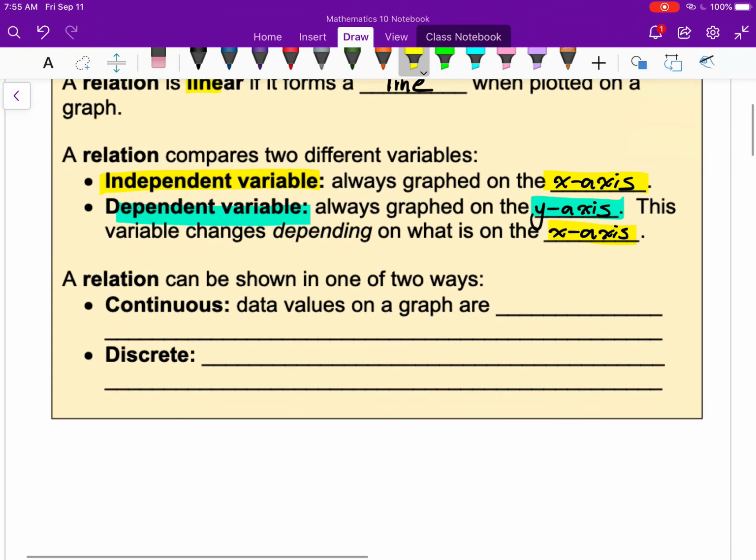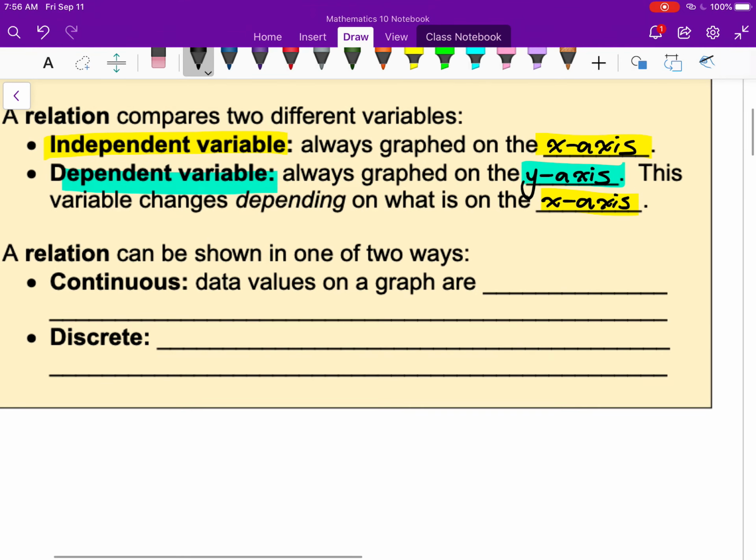All right, as well, a relation can be described in one of two different ways, either continuous or discrete. If something is continuous, the values in the graph are connected, or you have a solid line or curve of some sort.